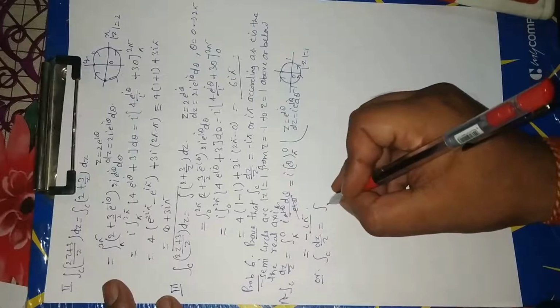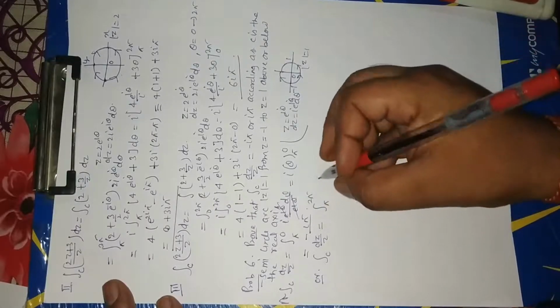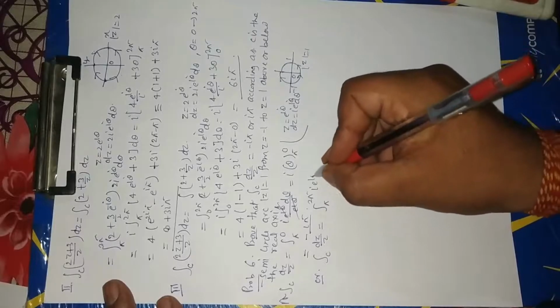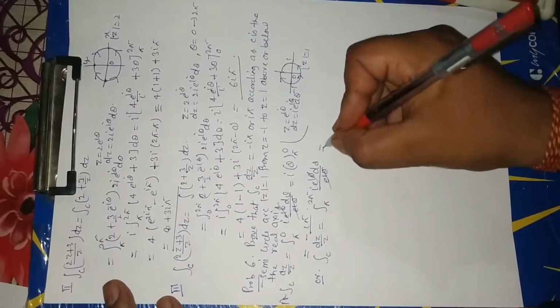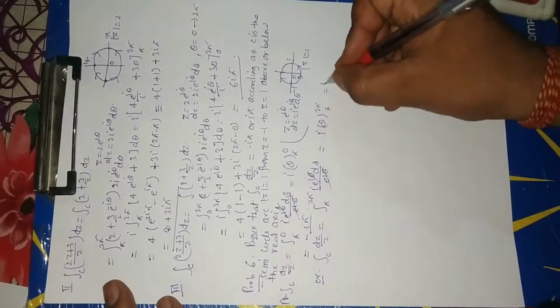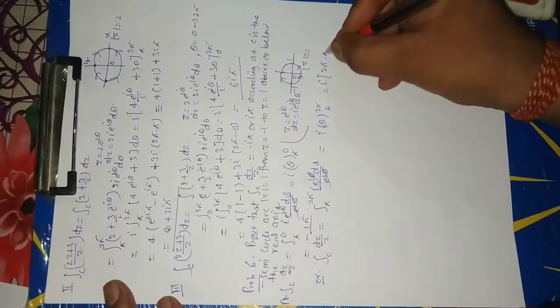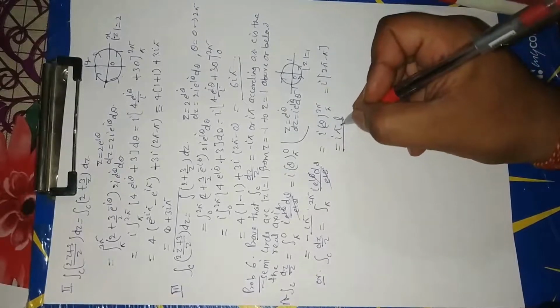Now the limit of theta is pi to 2 pi. Now dz is i e to the power i theta d theta upon e to the power i theta, this cancels by this. Now our theta limit pi to 2 pi, i times (2 pi minus pi), this is equal to i pi, is the complete solution.